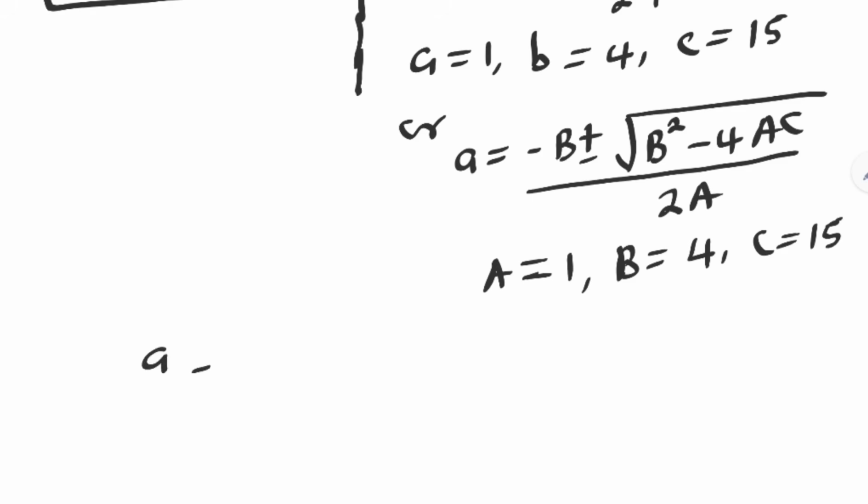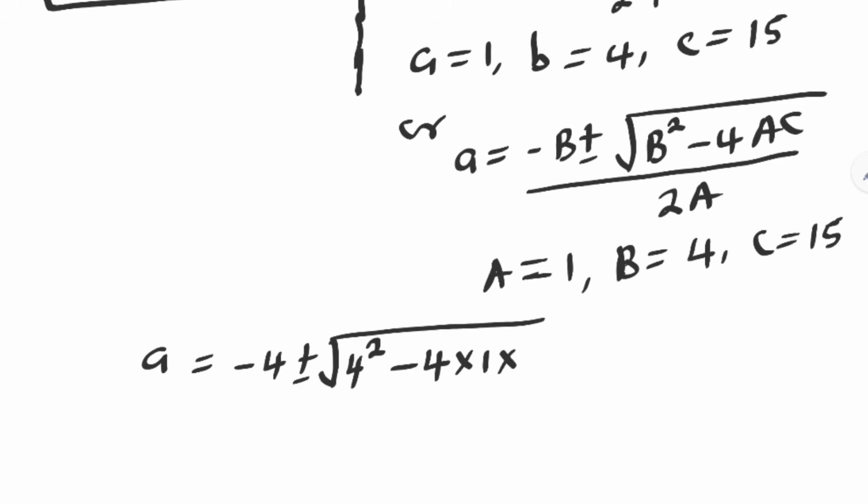Then a will be equal to minus 4 plus or minus square root of 4 square minus 4 multiplied by a is 1 multiplied by c is 15, all over 2 multiplied by a is 1.